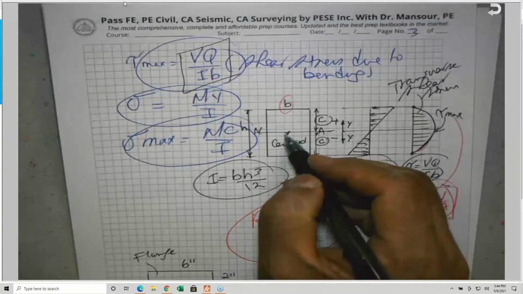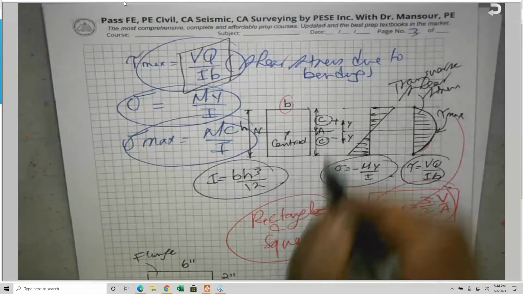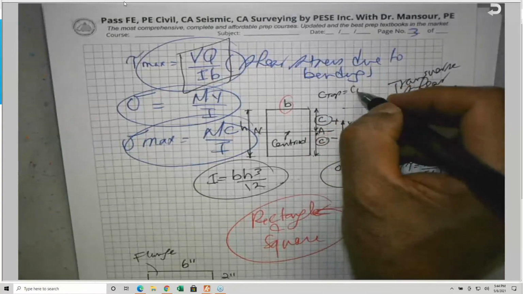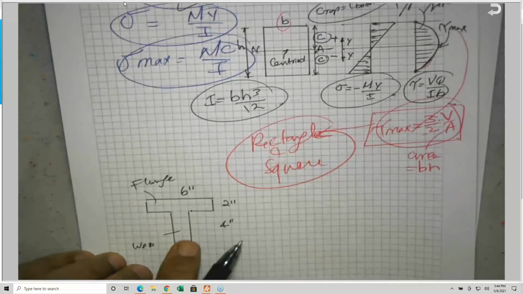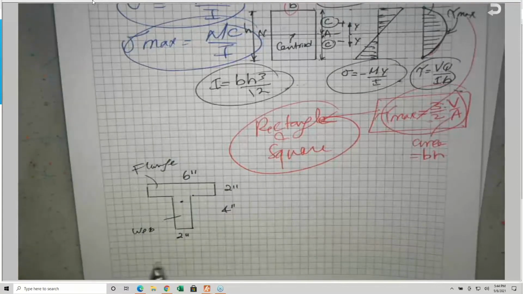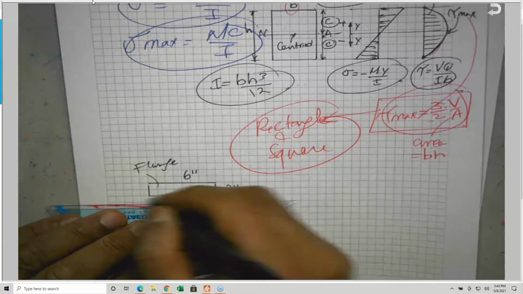Here I know the centroid is in the middle, so C top and C bottom are equal. For a T-beam, no, because the centroid is somewhere here, where the neutral axis is. The neutral axis always goes through the centroid of an area.